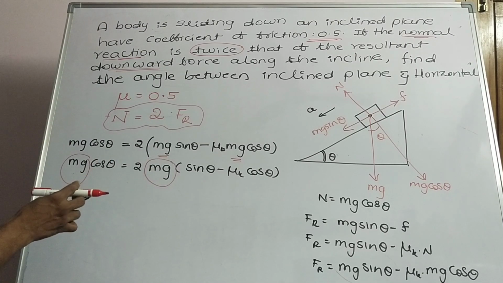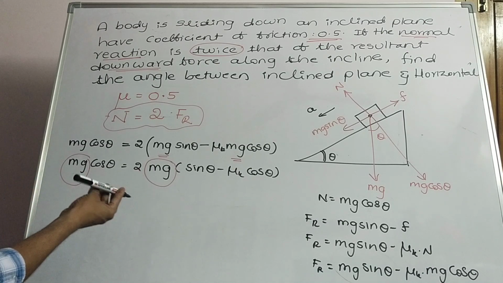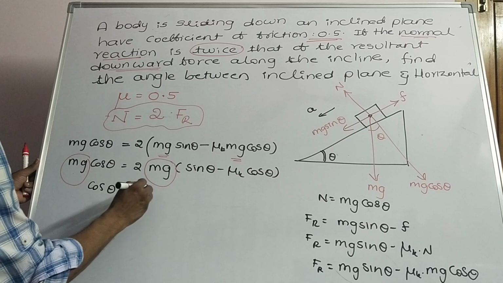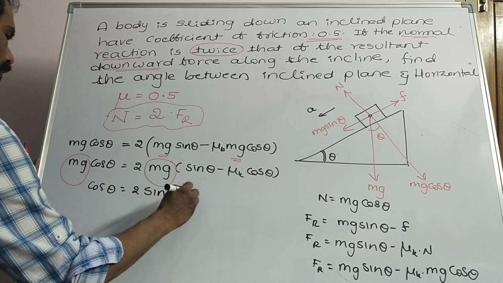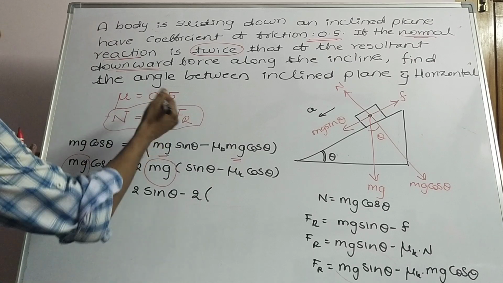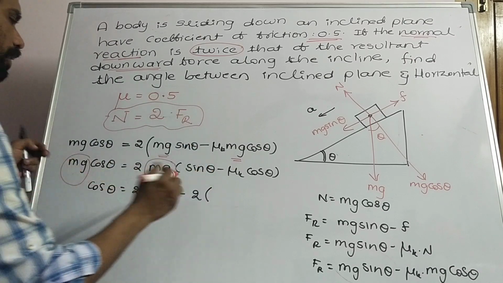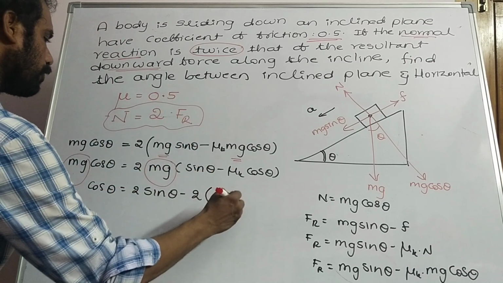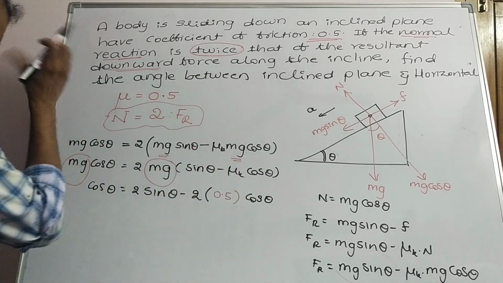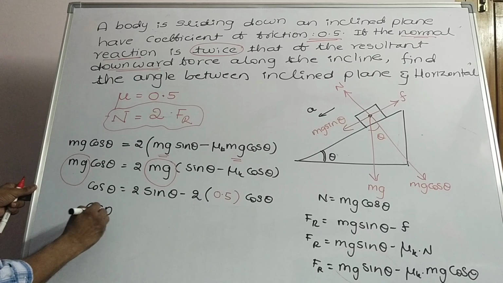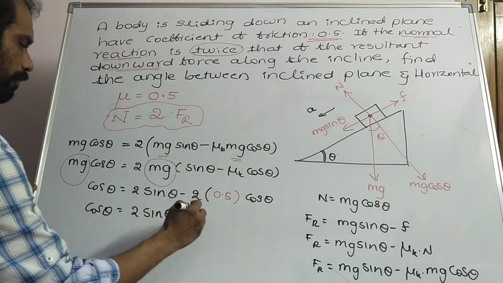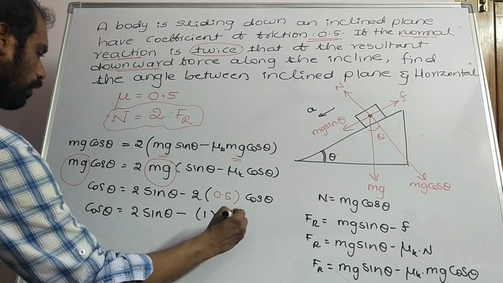Now we have to find the angle of the inclined plane. So cos theta is equal to 2 into sin theta minus 2 into mu k cos theta, where we know mu k is equal to 0.5. So I will write 0.5 here. Now cos theta is equal to 2 sin theta minus 2 into 0.5, which will be 1 into cos theta.